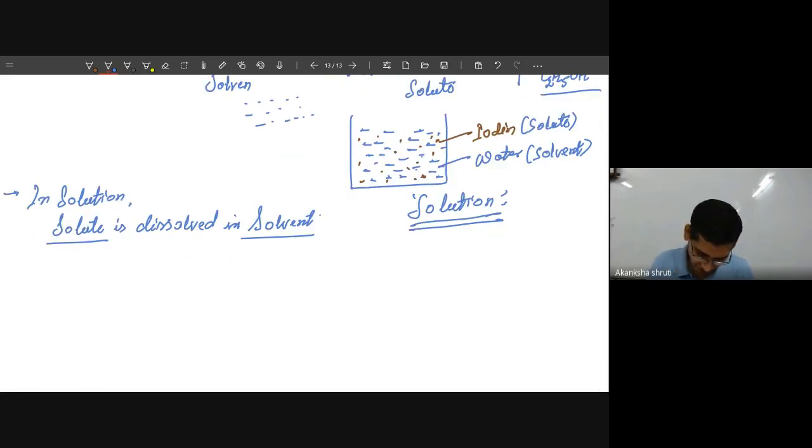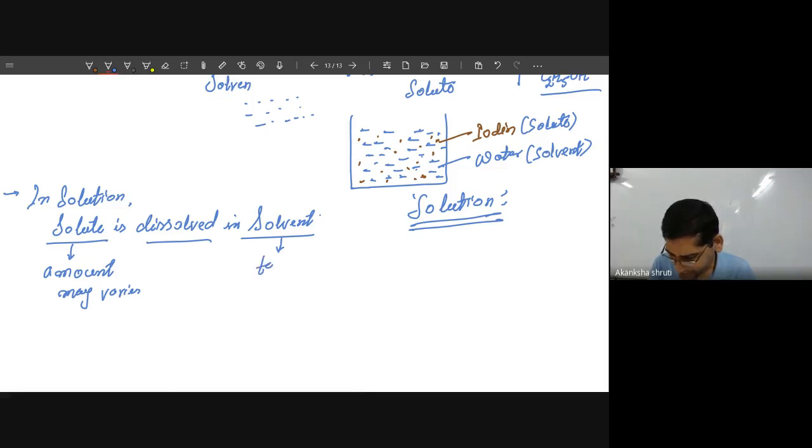This amount may vary, but the solvent we are taking is fixed.